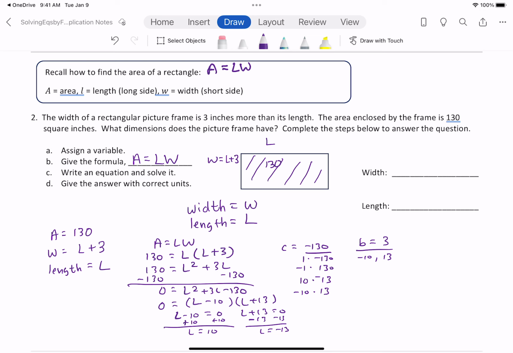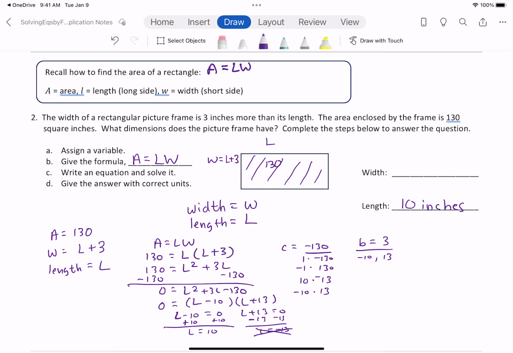So if these are my only two options, and they are, we know that in the real world, length cannot be negative. So that means that we can exclude this one because it's not possible. So for the length, we know that that is going to be 10, and this frame was in inches.